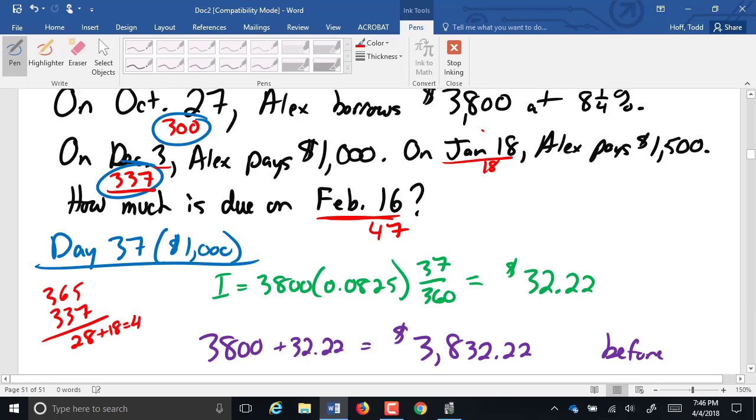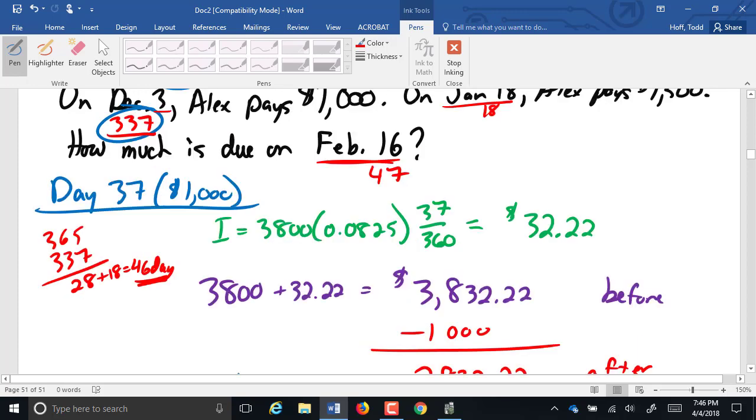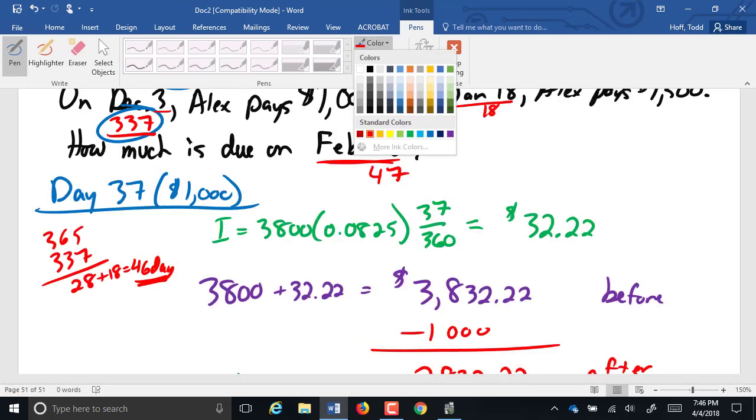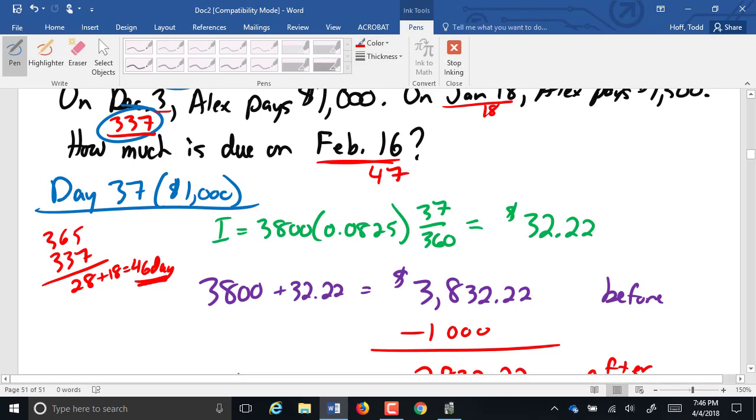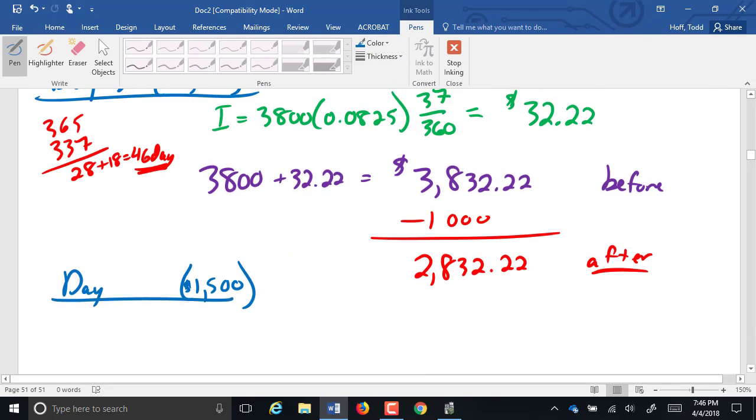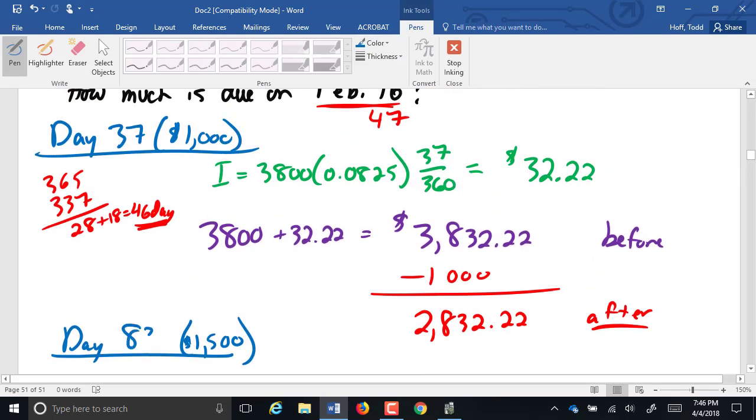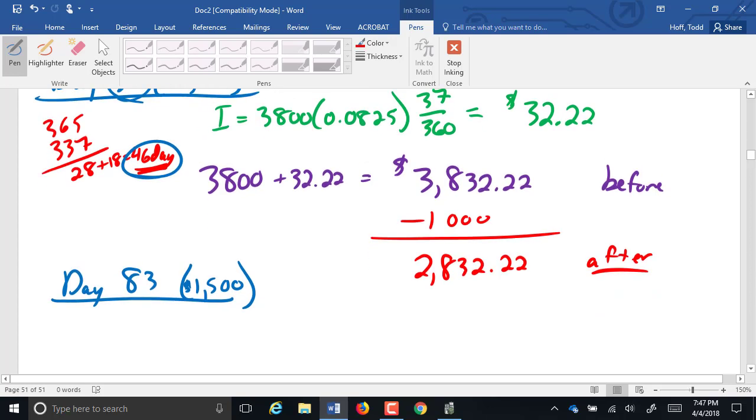Plus the 18 is 46 days. So we're going to use 46 days. That's actually day 83. Where did day 83 come from? 46 plus the 37. But the interest is going to be figured out for 46 days.